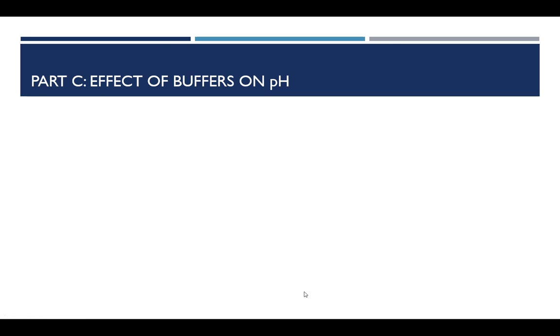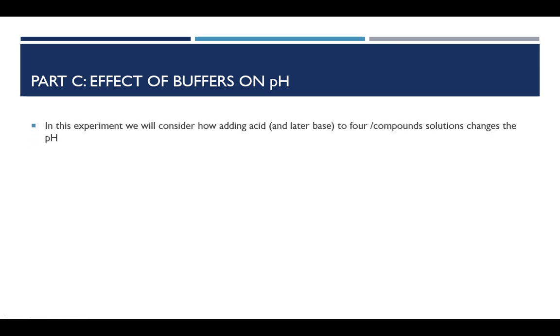So getting into part C, what you're going to see is I will take 4 compounds or solutions, and I will see how adding acid in the first part and adding base in the second part causes the pH to change. So those 4 solutions or compounds will be water, 0.1 molar sodium chloride solution, the pH 2 buffer, and the pH 11 buffer.